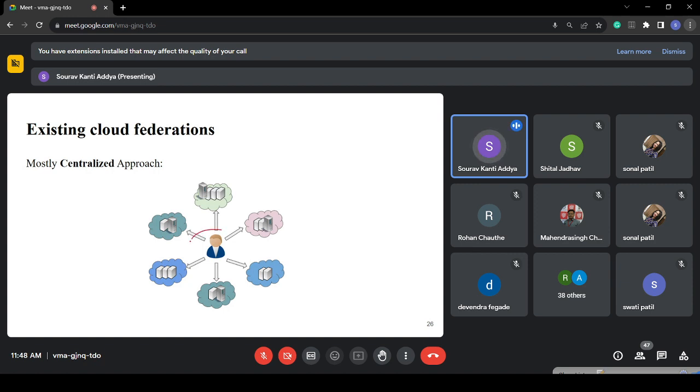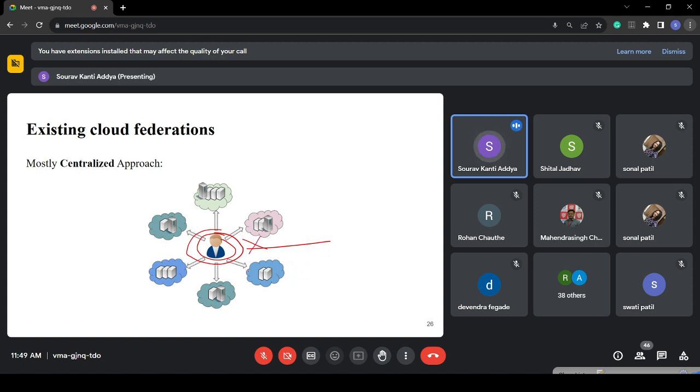So there is a centralized broker who handles incoming requests. Also, as I discussed with the blockchain network, this kind of network can have certain issues. The first issue is that this particular broker or centralized platform can fail.